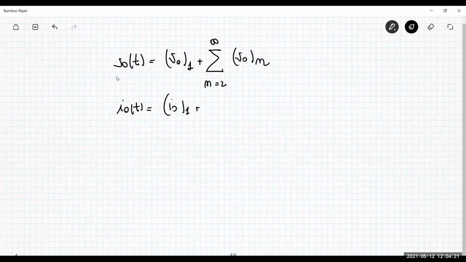It is a summation of a fundamental contribution plus all other harmonics. So basically we have V0(1), the fundamental frequency component, plus the ripple.